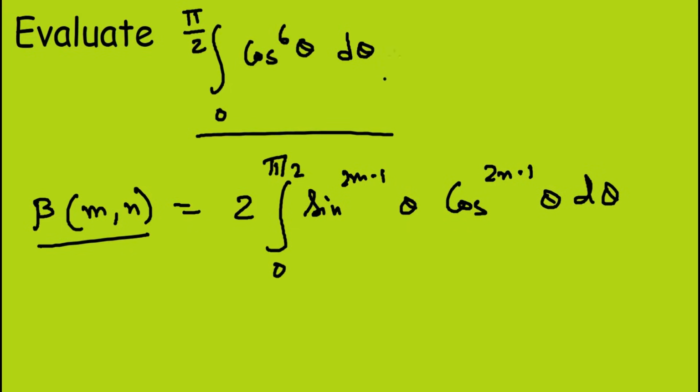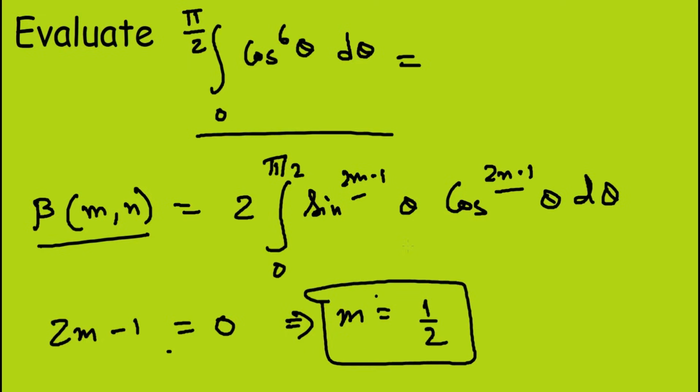Now if I want to represent this in the beta function, I have to compare these powers. If I compare the power of sine, here I don't have any sine term. Hence 2m minus 1 will simply be 0. So what will be the value of m? M will be half. So this can be written as beta half comma, now the n part.